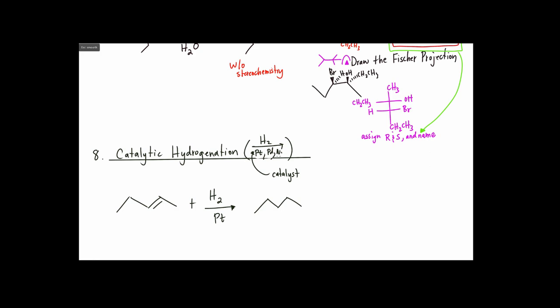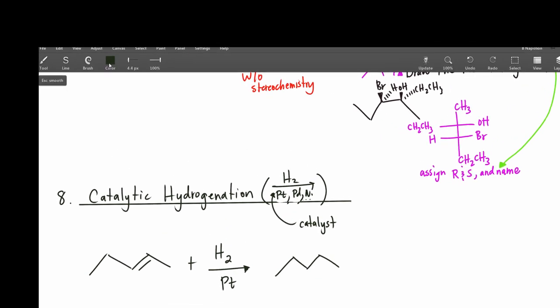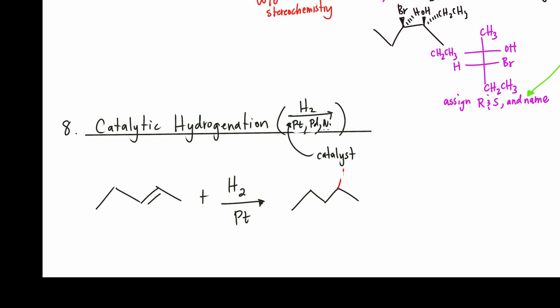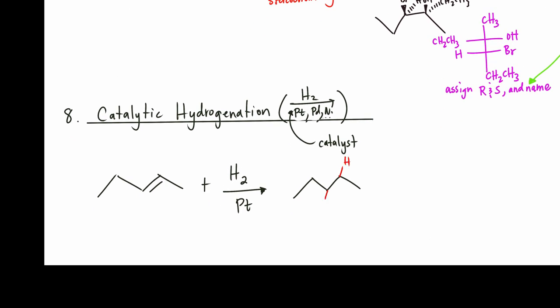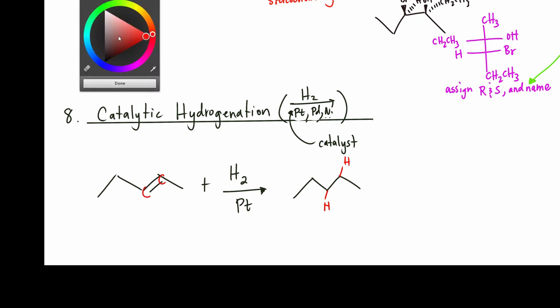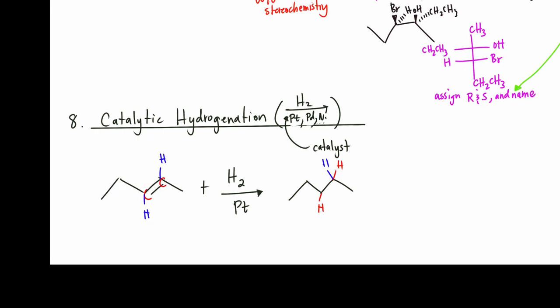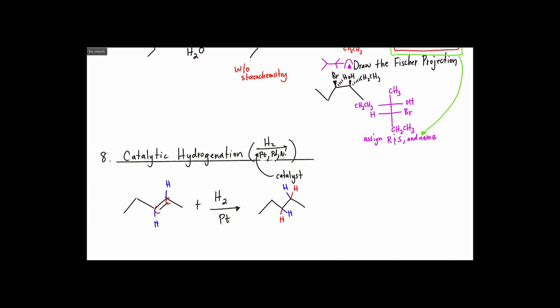So you're just really adding hydrogens on both sides of these because you already had these blue ones. Okay. So you're adding hydrogens on both sides of the double bond.